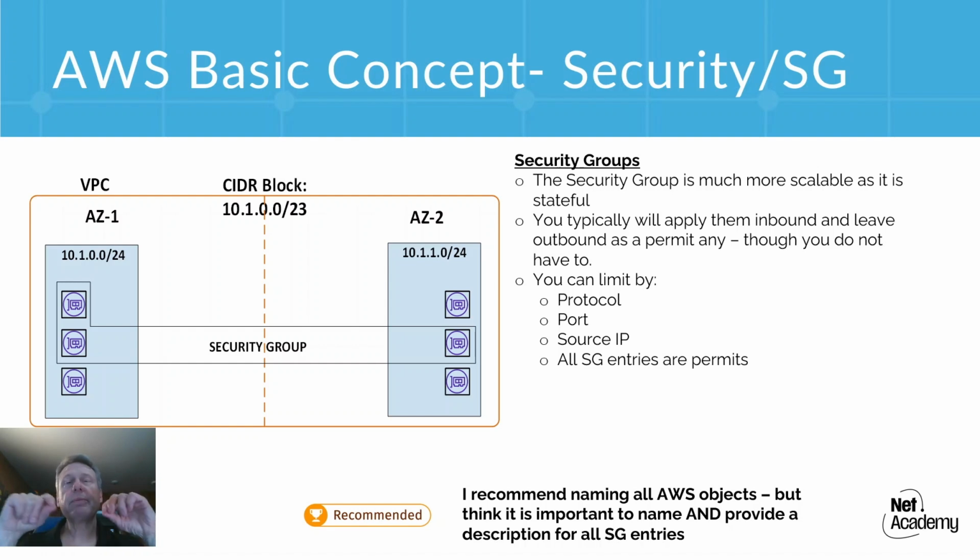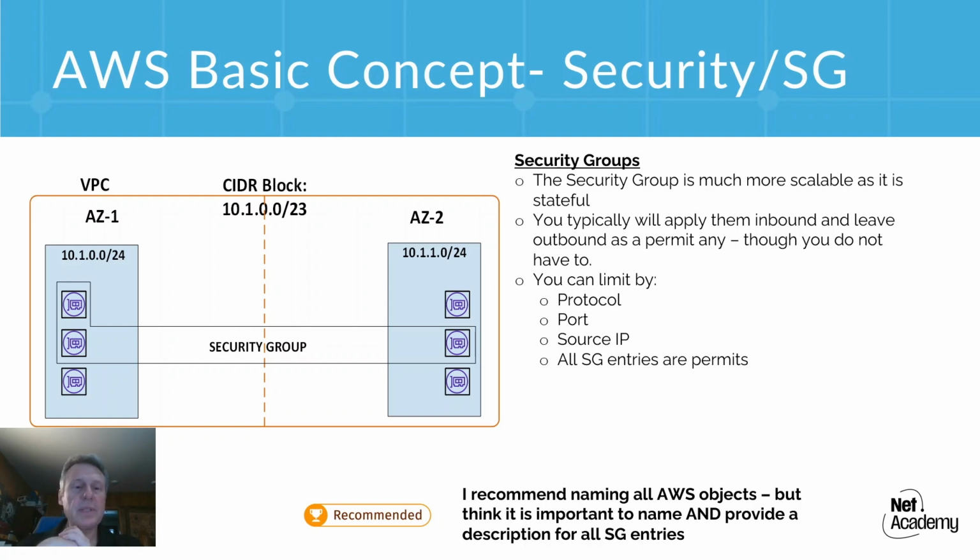And every ENI that is created must have a security group attached to it. The security group, you can limit things by protocol, port, source IP, and all security group entries are always permits. Anything that's not explicitly permitted is implicitly denied.